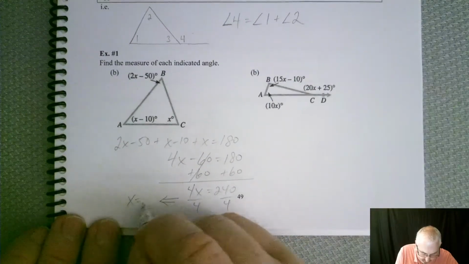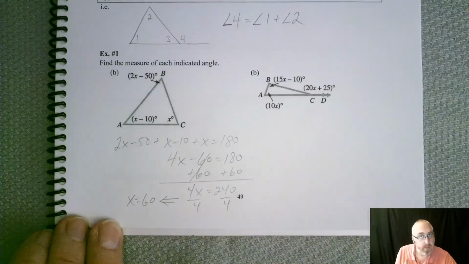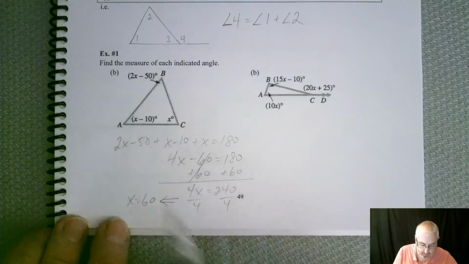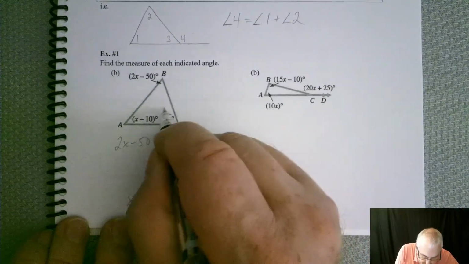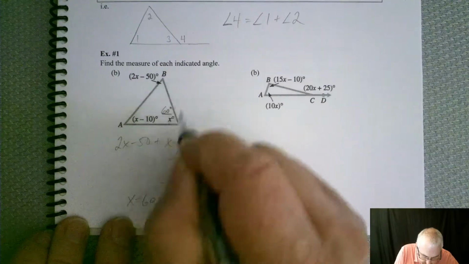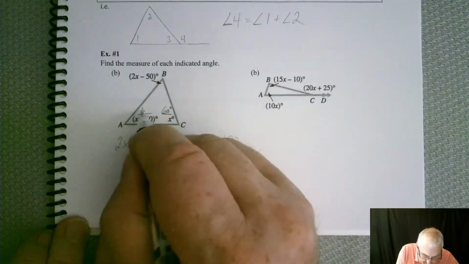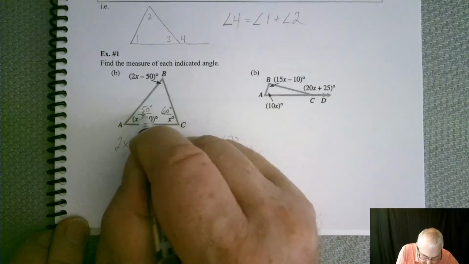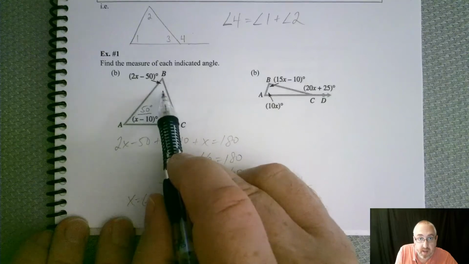So x equals 60. All right, but remember, don't stop there. We've got to fill in our angles. So we know this angle here is 60 degrees. 60 minus 10 better be 50. And then the third one, 2x minus 50.